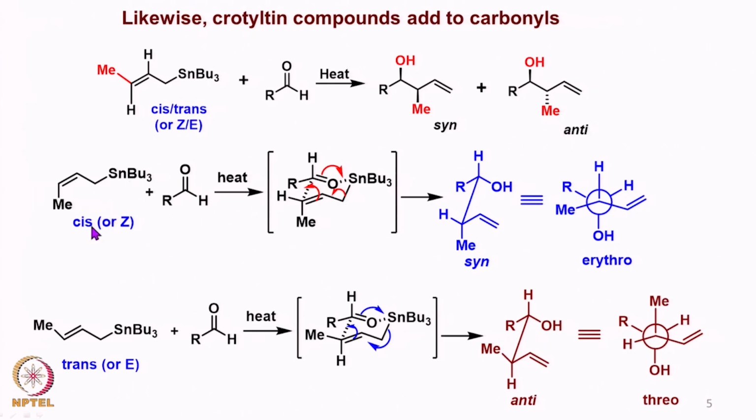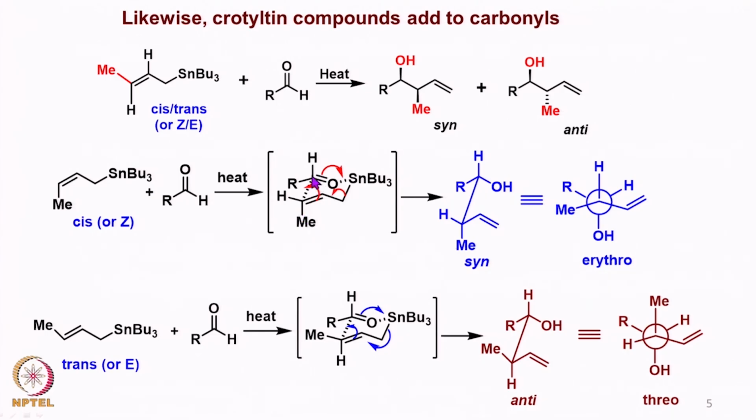How does it happen? For example, if we start with this Z oriented crotyl tin compound and react with aldehyde, then we can expect a transition state of this kind, in which the carbon-carbon bond will form, where the R group is equatorially oriented, and since this double bond is cis oriented, we are writing the methyl group in this particular position.